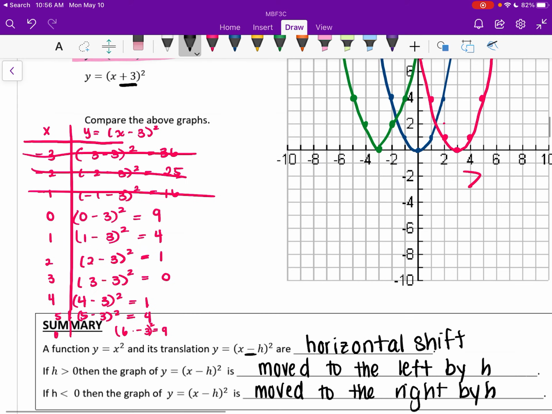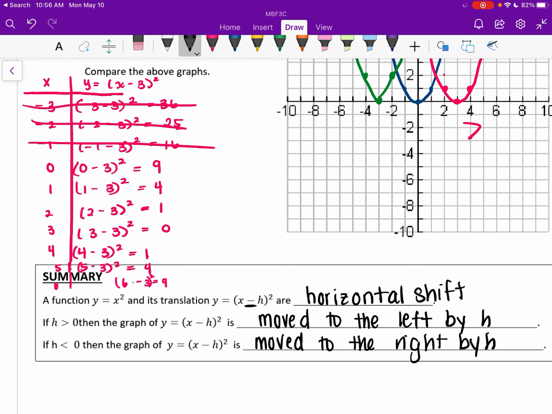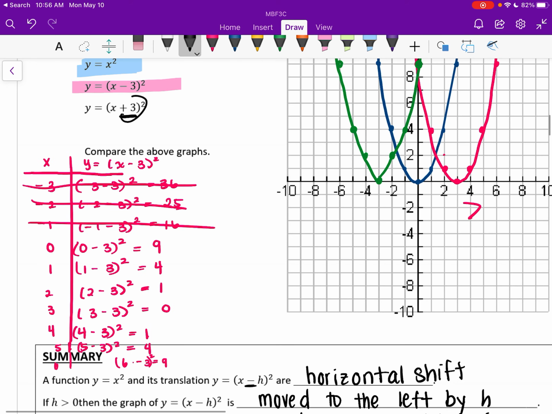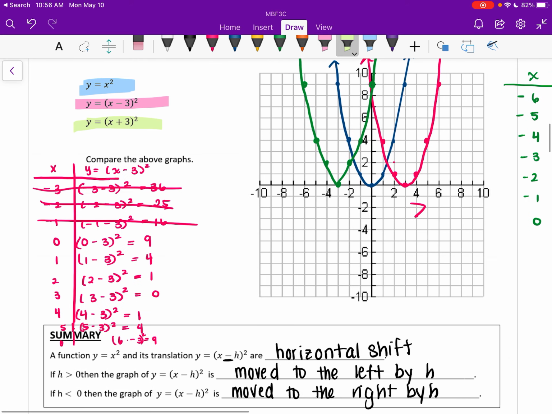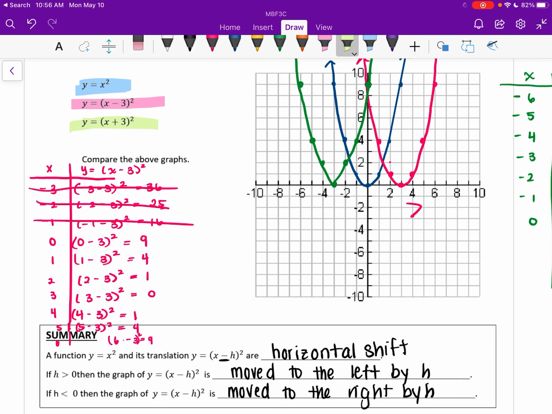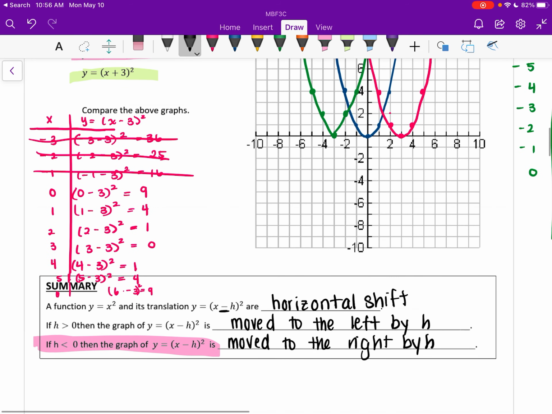So when h is greater than 0, which means it's positive, you move to the left with that green function that we have. When h is less than 0, you move to the right, right? So in the pink function, I'm just going to highlight the one that is. Here it's less than 0, so it's negative, and here it is positive.